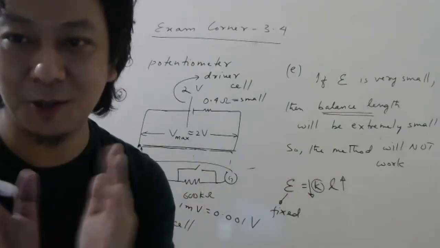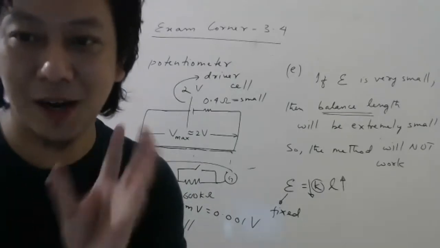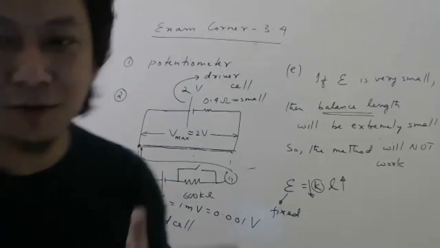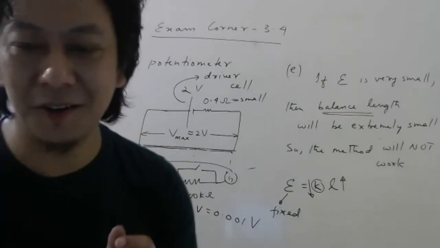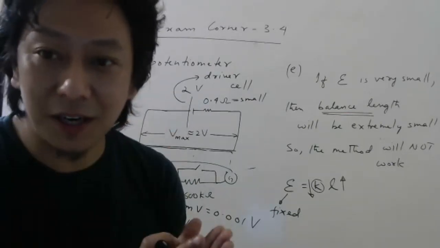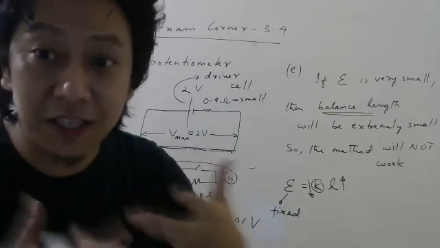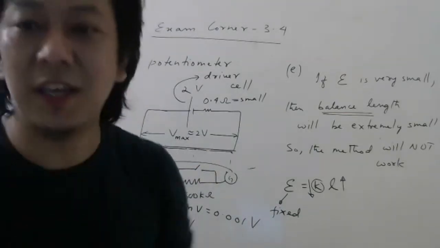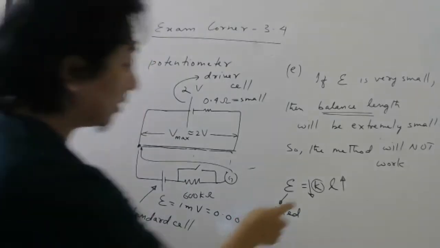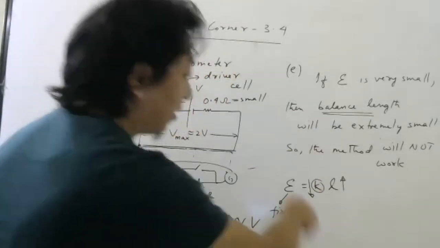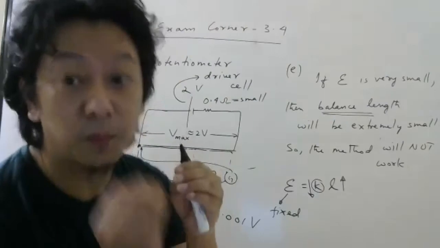Your memory should be at least 1 day long. I know. So potential gradient and sensitivity are inversely proportional. So to increase the sensitivity, that is, to measure small EMF also, we want this potential gradient to be small so that this balance length will become more.